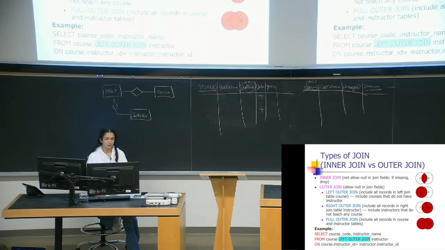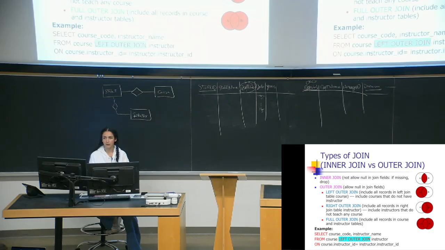And for example, let's say you want to join, for example, course with the instructor. Okay, so including courses that do not have also instructor. So even if a course doesn't have an instructor, you still want to include that.